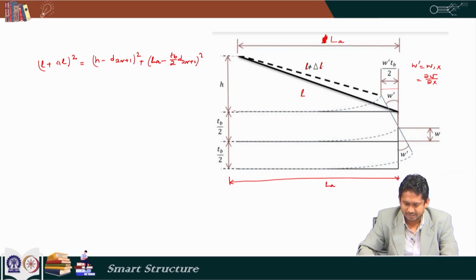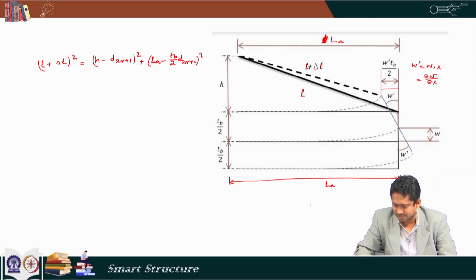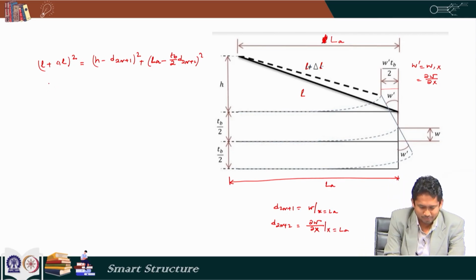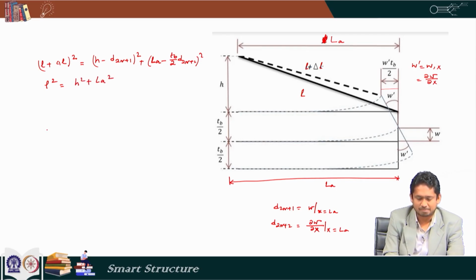Here h is this vertical dimension, and as we know, d 2 n plus 1 as per our degree of freedom nomenclature is equal to w at x equal to L A, and d 2 n plus 2 is equal to del w by del x at x equal to L A. And also we know that small l square, the undeformed length, is h square plus L square.